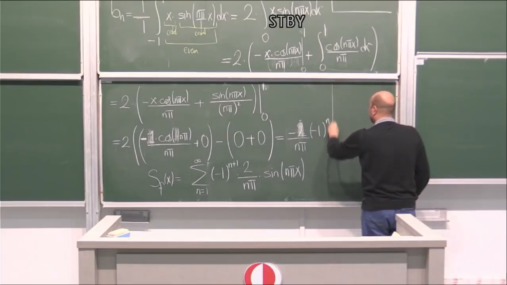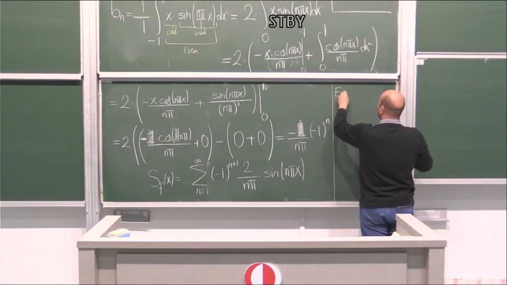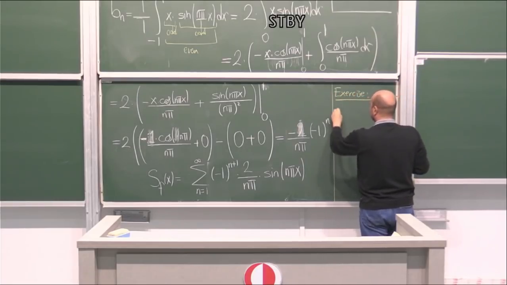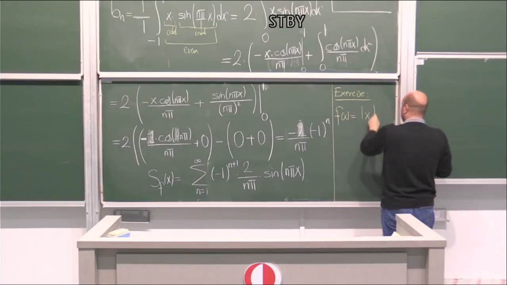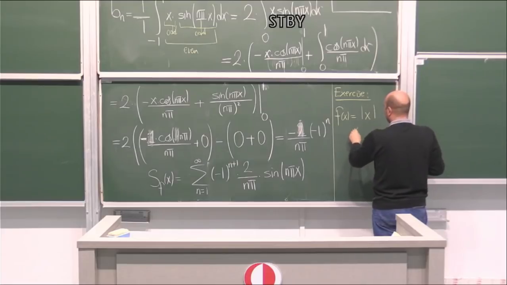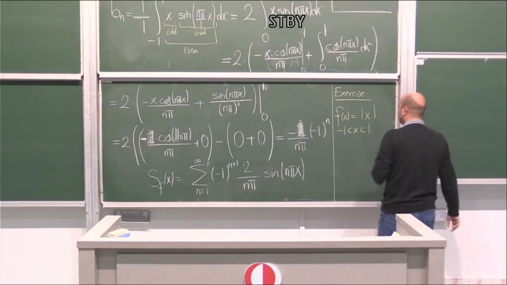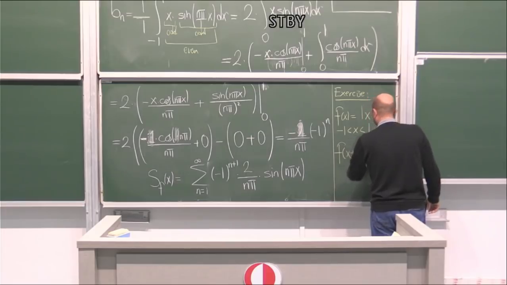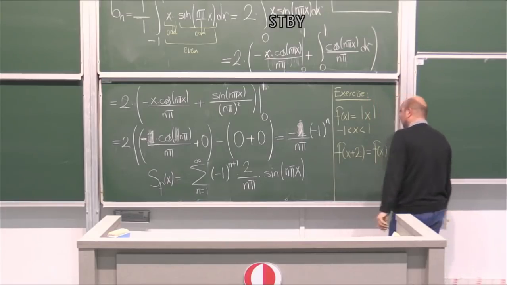Let me write an exercise for you, which is similar to this one. Exercise. Do the following. So f of x is equal to absolute value of x when x is between minus 1 and 1. Actually, you can take equality here with f of x plus 2 is equal to f of x.